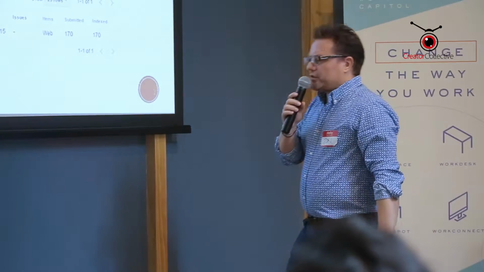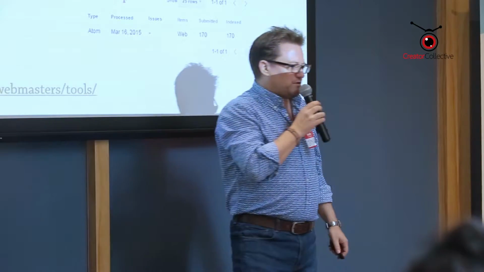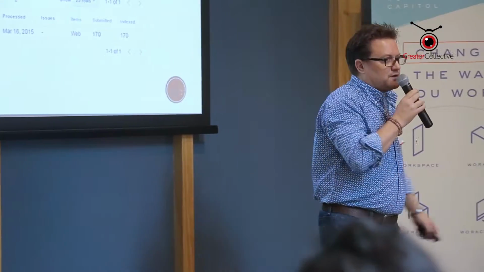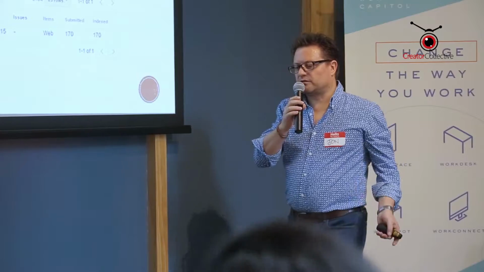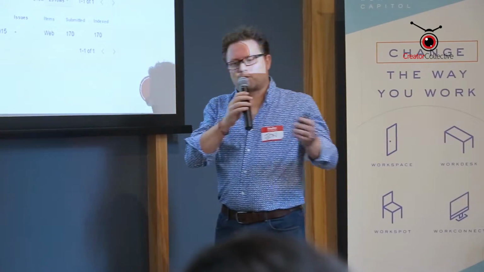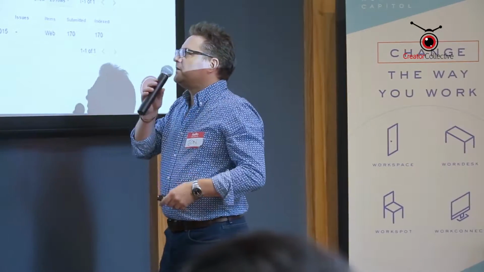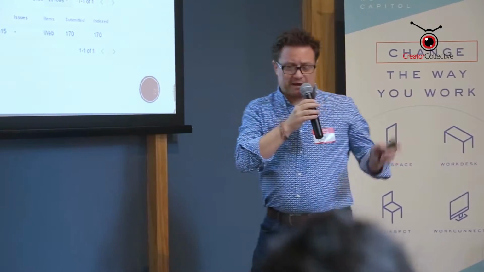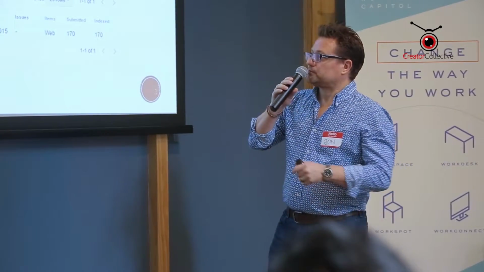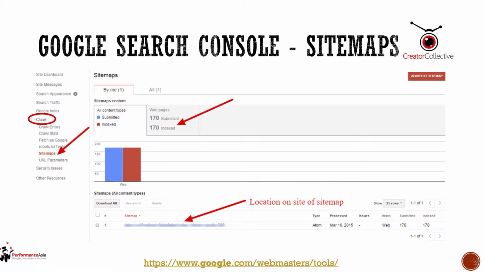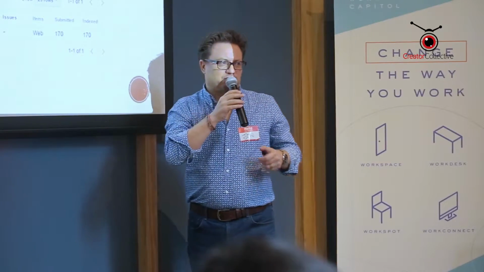Another common mistake people make when they launch content or a website is they just assume the search engine is going to find it. Now it does. They are pretty good because they're following all the links. So if there's a link coming through from an old website, then it will find your content, but it does take time. Everything in SEO takes time. So one of the things you can do in the menu system is click on sitemaps. If you use something like WordPress, you're probably using tools like Yoast SEO, and there are lots of modules you can plug in. One of them will generate a sitemap.